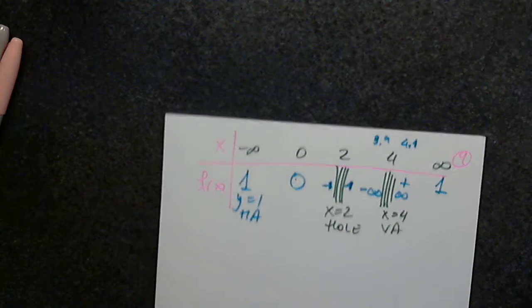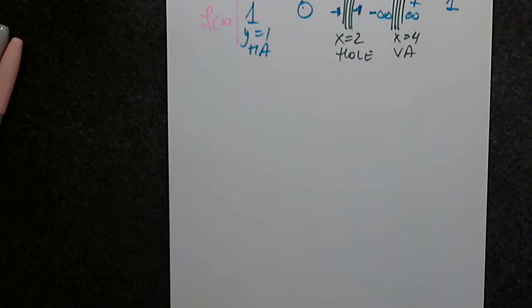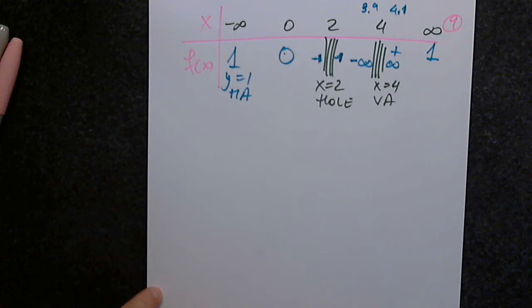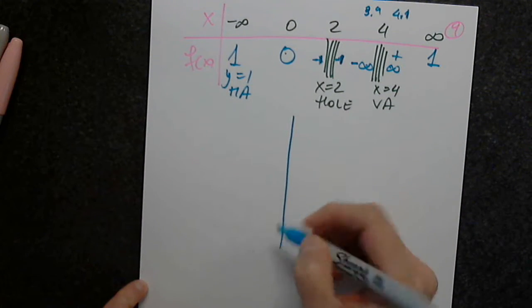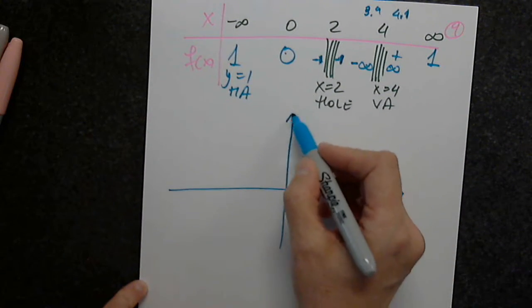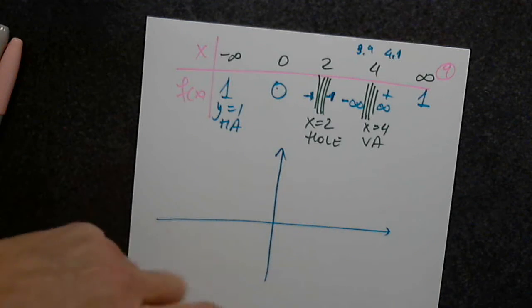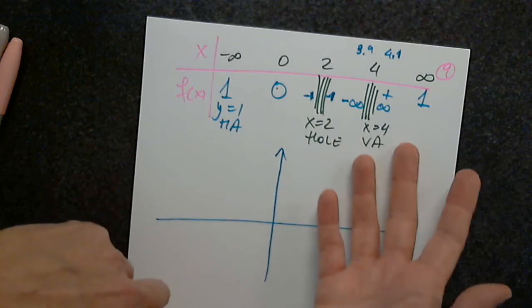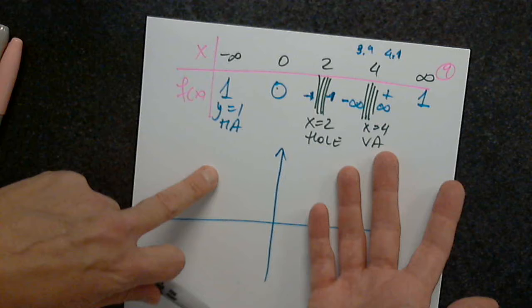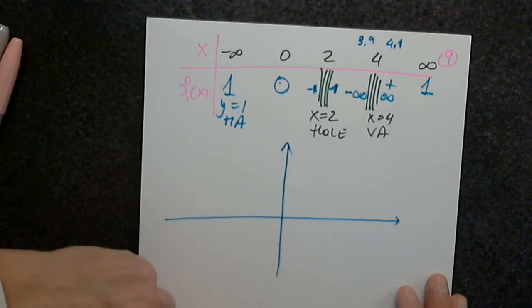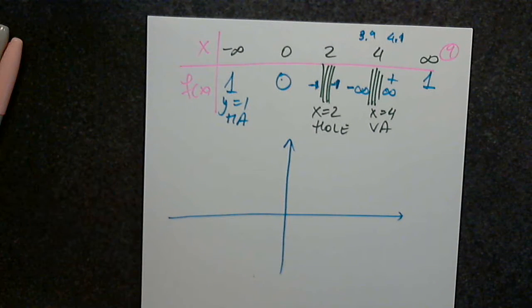Let's graph what we have. When we graph a function with asymptotes, what do we have to graph first? Now you see, we didn't even write anything. We just filled in everything in the table and we're done. We didn't write anything on the side now.